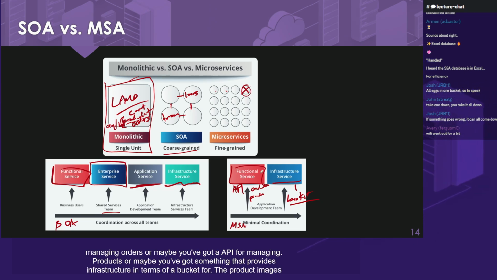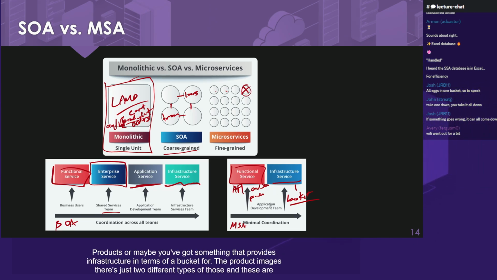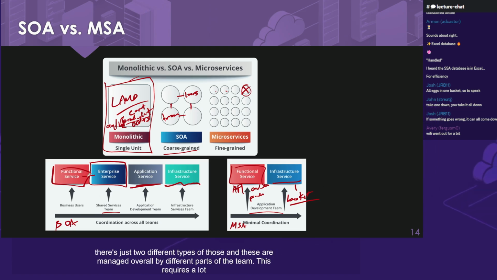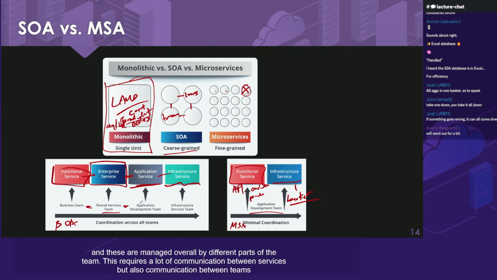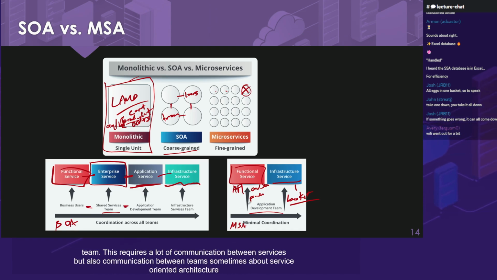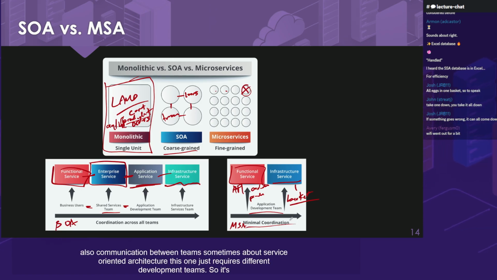There are two different types of those, and these are managed overall by different parts of the team. This requires a lot of communication between services, but also communication between teams in terms of our service-oriented architecture. This one just requires different development teams. So it's easier to manage, is the idea.